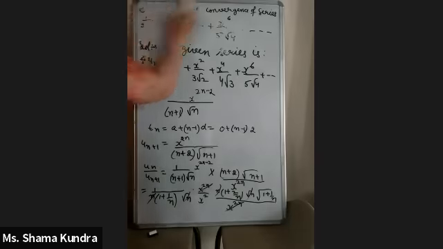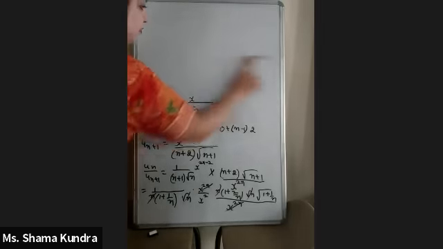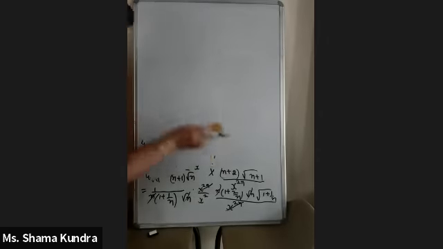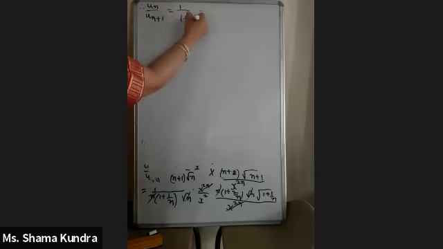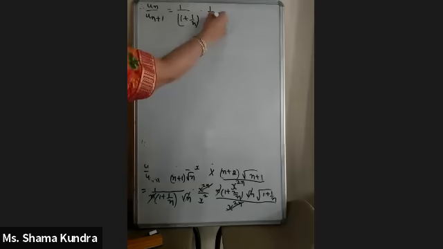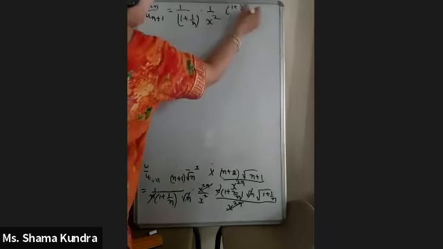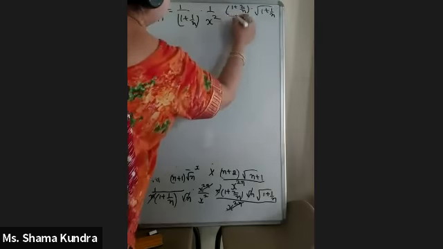We are left with 1 over 1 plus 1 by n, 1 over x square, and 1 plus 2 upon n into square root of 1 plus 1 by n.